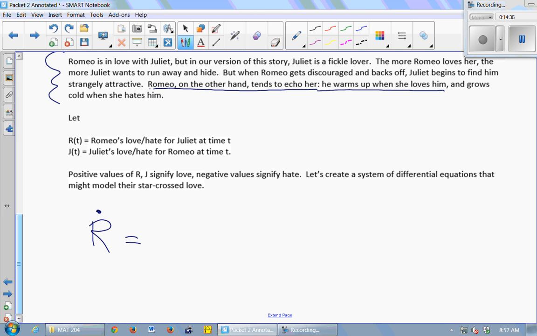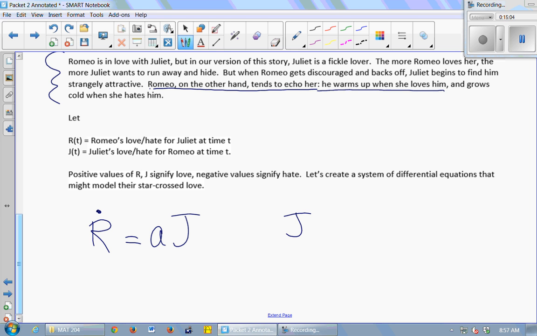So his love changes based on Juliet's feelings entirely, right? So I'm just going to put R dot is some constant A times Juliet's love. It's proportional to Juliet's love. So when A is positive, meaning Juliet loves Romeo, his love is increasing. If A is negative, that means Juliet doesn't like Romeo and his love is decreasing.